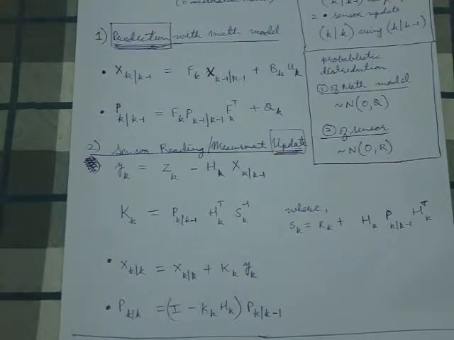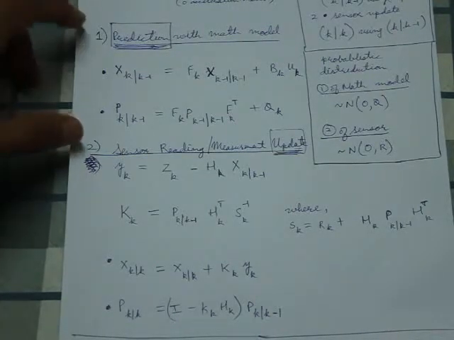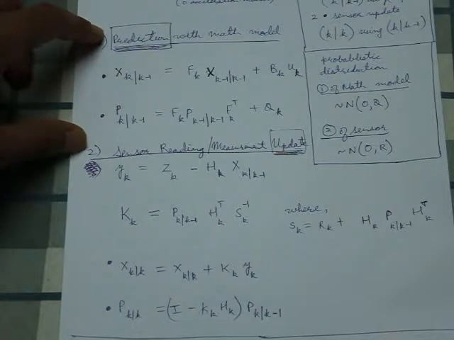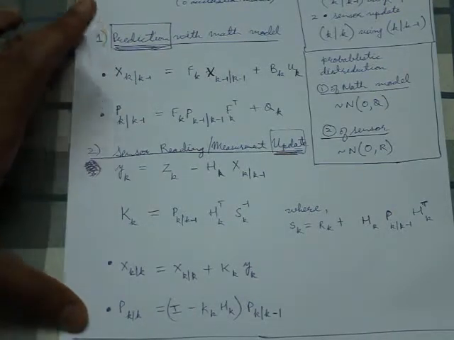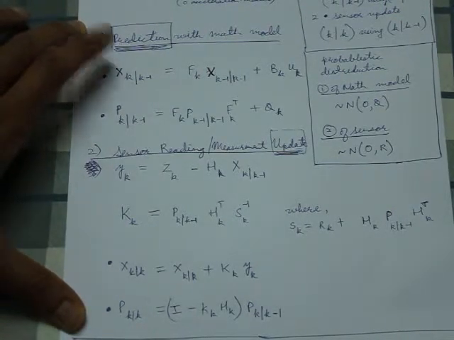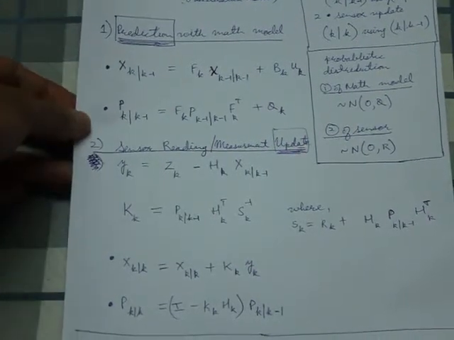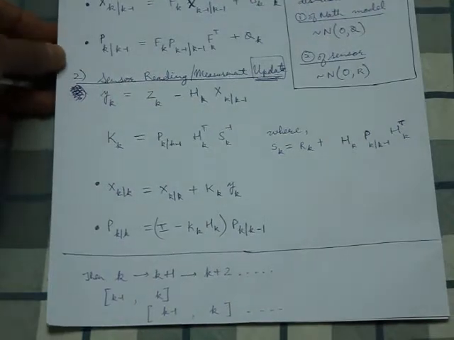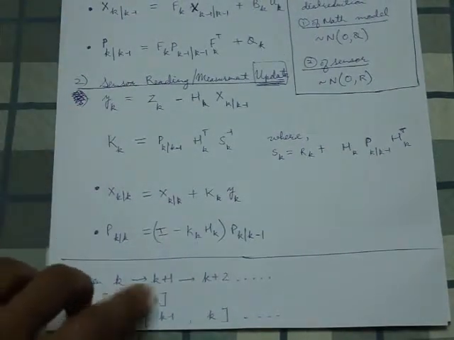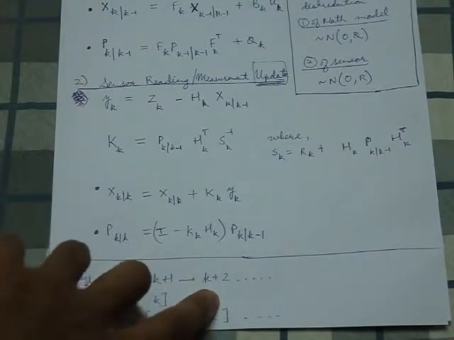So now that we know what happens in one given time step, that is from k-1 to k, we have to do this entire process of predicting and updating. What happens in the next time step? Well, in the next time step, k just becomes k plus 1, which then becomes k plus 2.